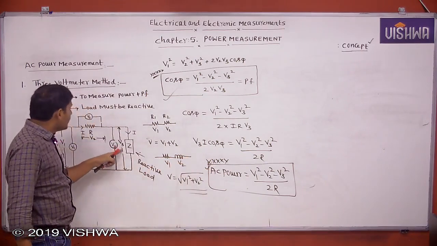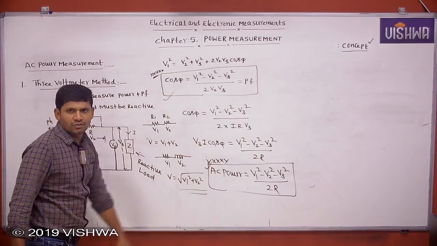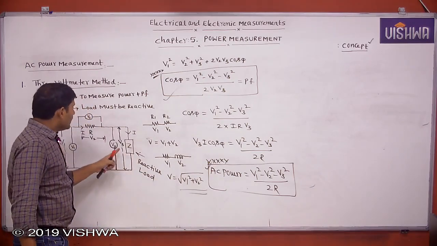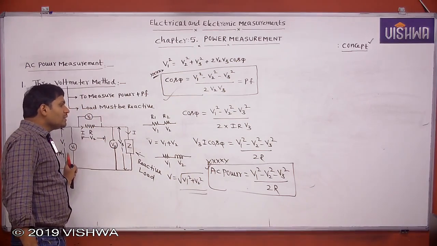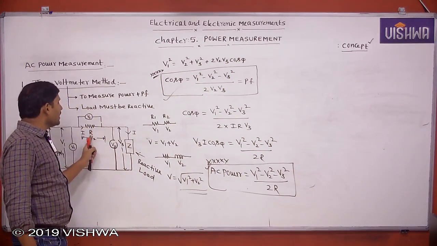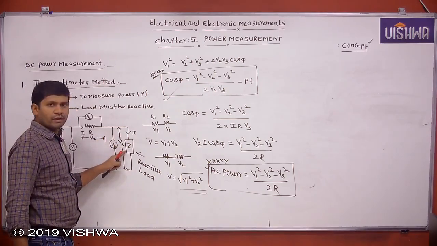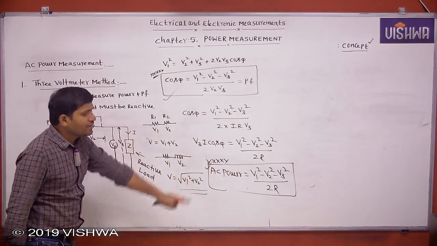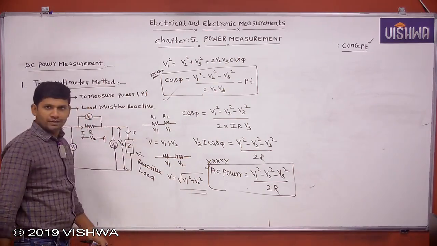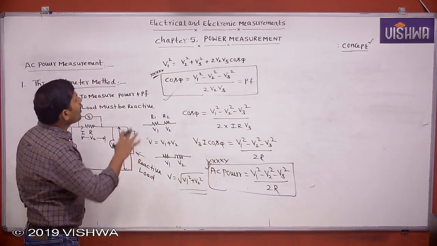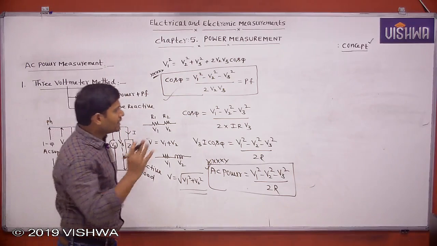For example, if it is given as V1, V2, V3 in a different order, then you write accordingly. With this sequence, V1 square minus V2 square minus V3 square, this formula is applicable. If you change this, change the notation accordingly. This is about power measurement and power factor measurement by using which method? Three voltmeter method. Quickly note down.